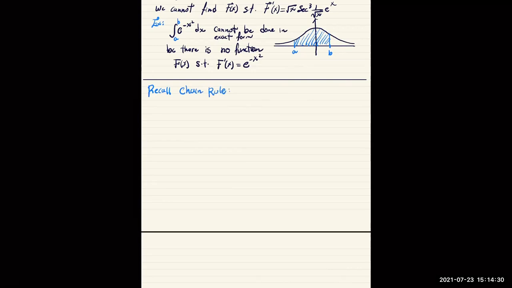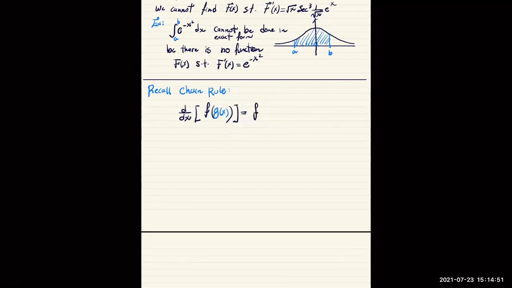It says that if you have the derivative of f of g of x, then the derivative is going to be the derivative of the outside function.